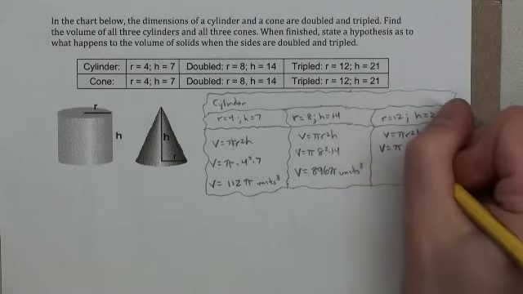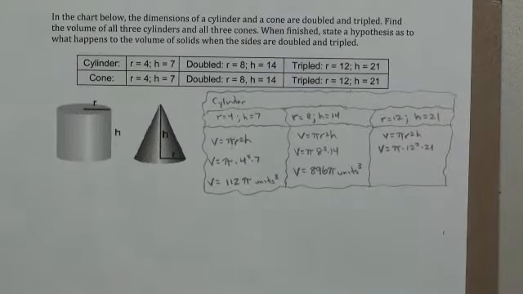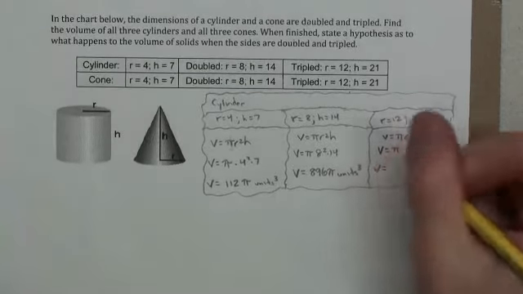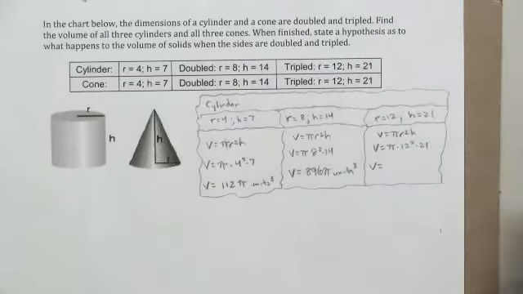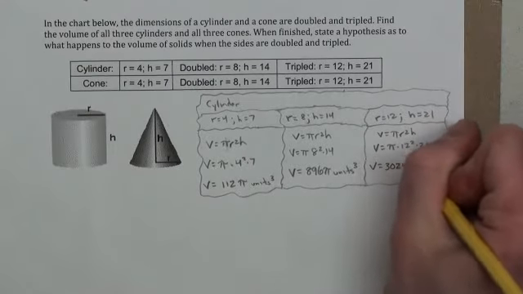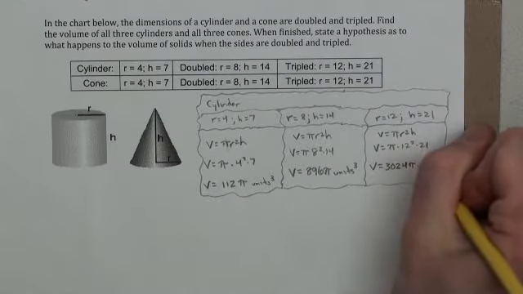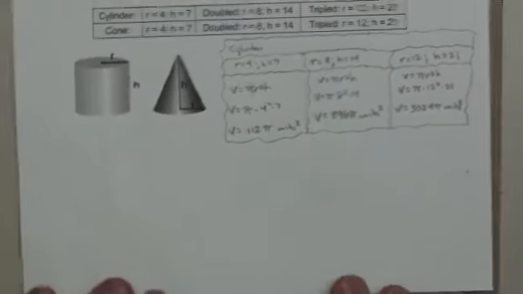Volume equals pi times 12 squared times 21. So the volume is 3024 pi units cubed. Okay? Now let's do the cone.